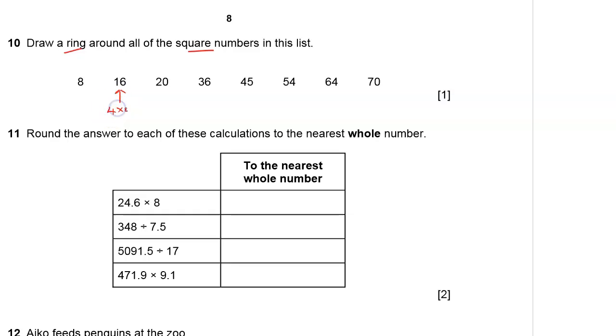You can multiply 4 times 4 to get 16. 20 is not a square number. 36 is a square number, which you get by multiplying 6 times 6, which means 6 squared. 45 is not. 54 is not. 64 is a square number, which you get by multiplying 8 times 8, which is 8 squared. Therefore, ring around 16, around 36, and around 64.